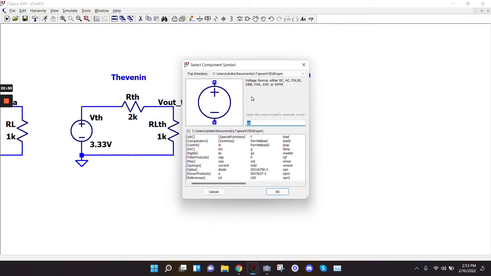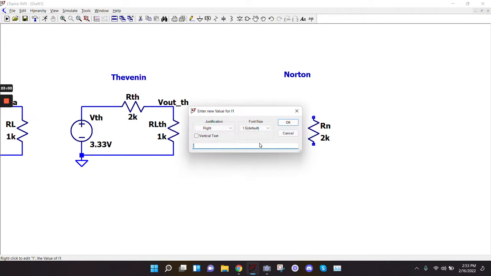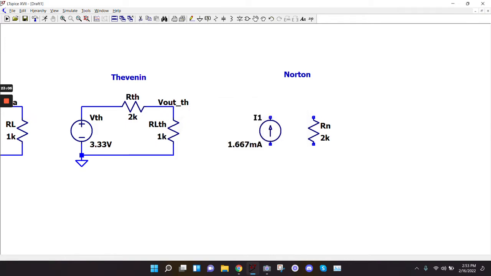And what Norton consists of is a current source and a resistor. And this is my Norton resistance, which is going to be 2K, the same as my Thevenin. And I just calculated this current to be 1.667 milliamps.